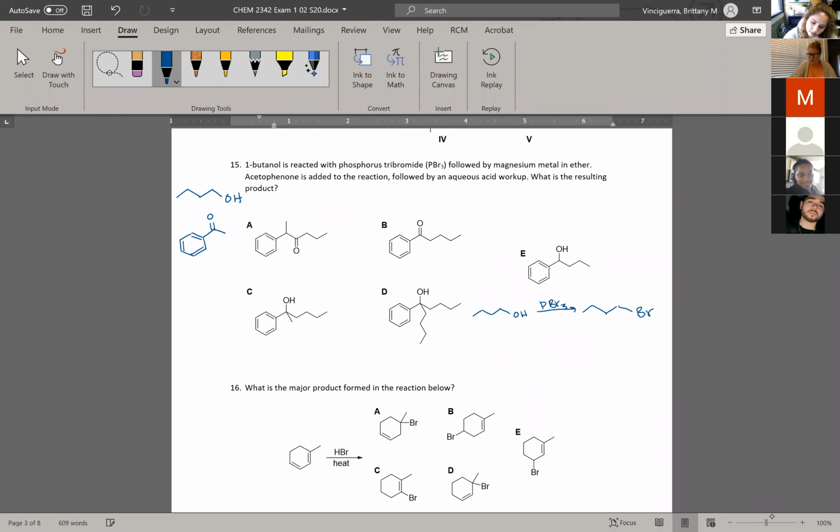Okay, so then it says followed by magnesium metal in ether. That means that you are taking the 1-bromobutane that you just made and reacting it with magnesium metal in ether. What are we making here? Grignard reagent. Yes, we're making a Grignard.